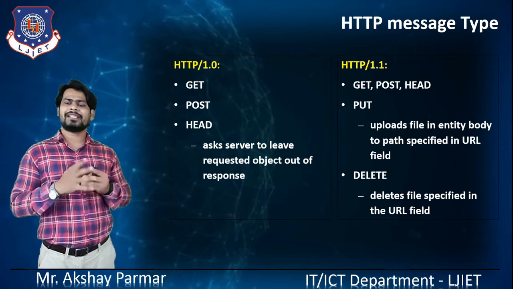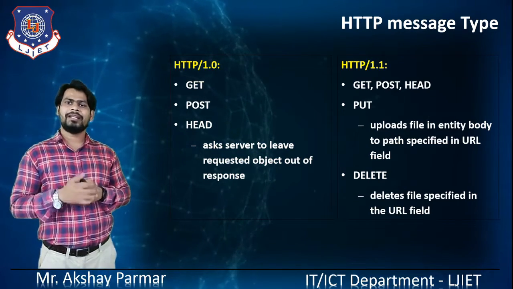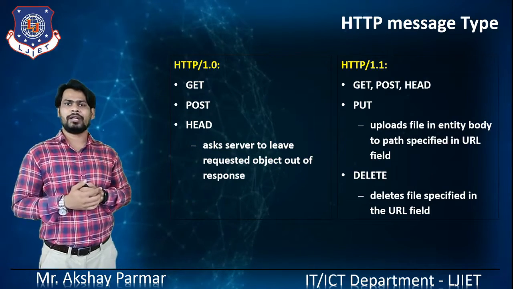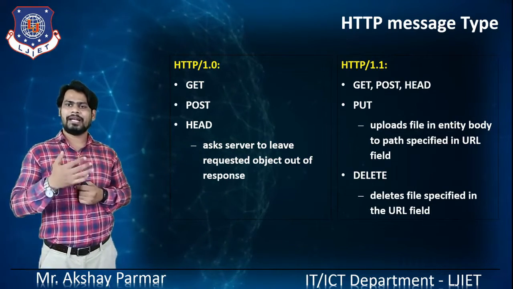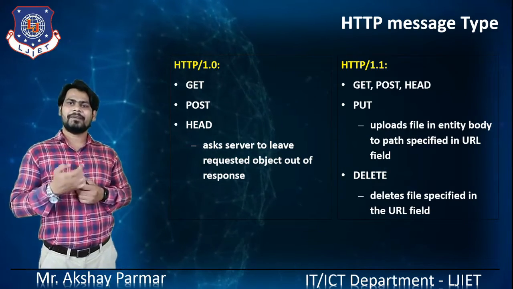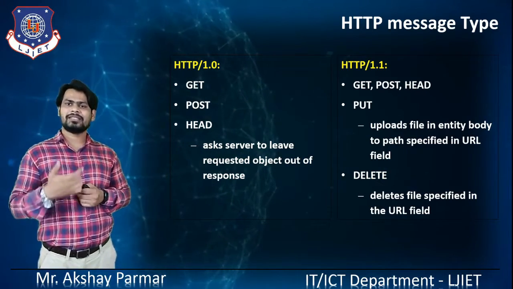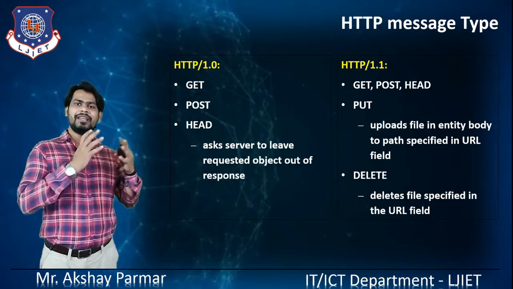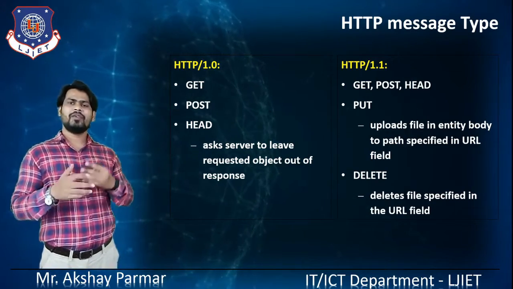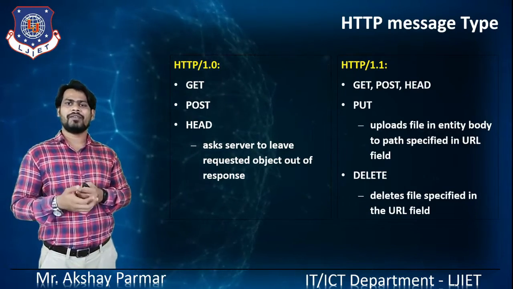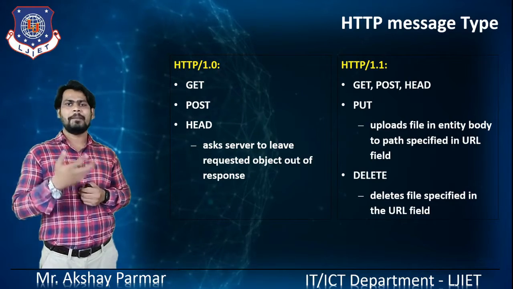If you are working with HTTP 1.0, you can request only GET, POST and HEAD, right? In simple HTTP 1.0, HEAD asks the server to leave the requested object out of the response. Whereas if you are working with HTTP 1.1, you can work with GET, POST, HEAD and PUT.